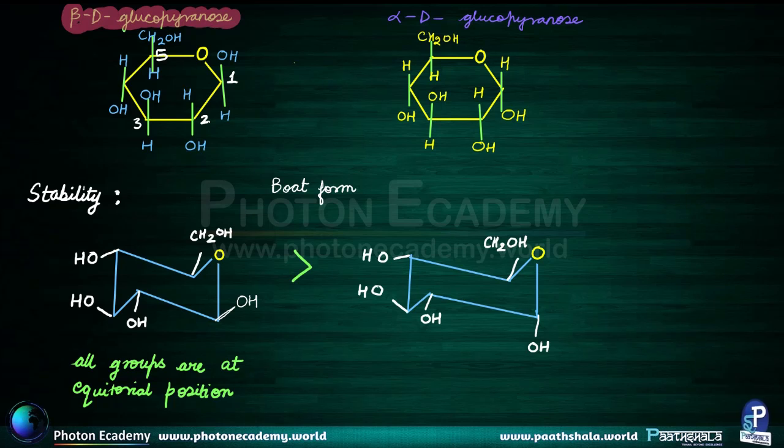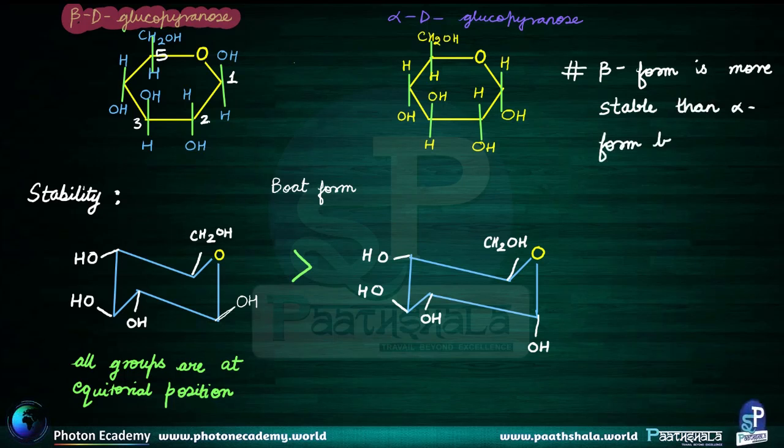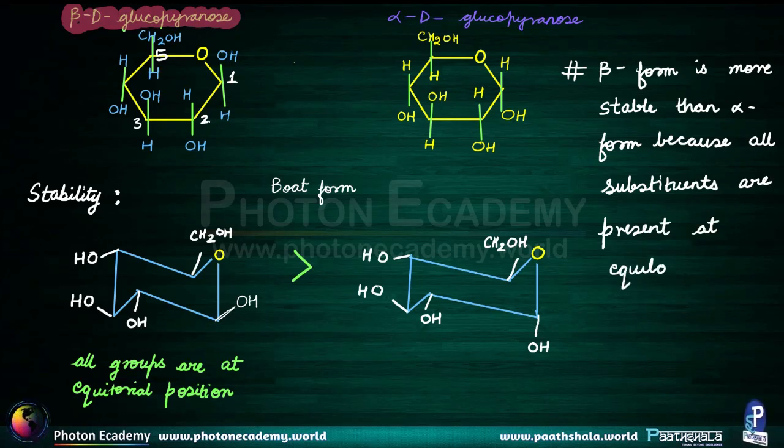So I can just write a concluding statement over here. What I did in this whole example that I was putting forth was: the beta form is more stable than the alpha form because all substituents are present at equatorial position.